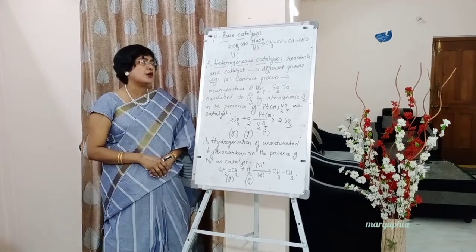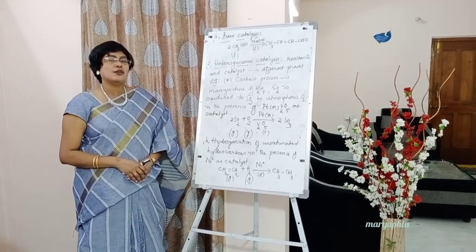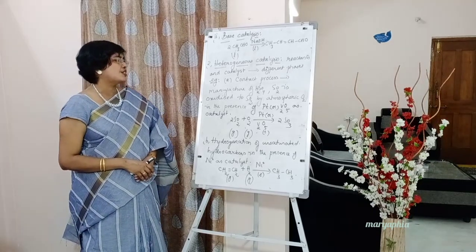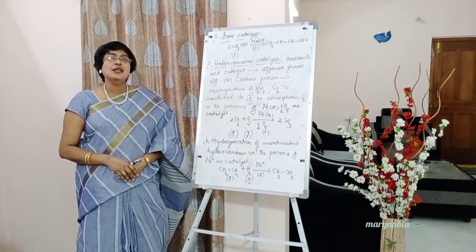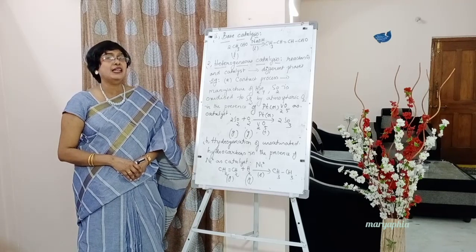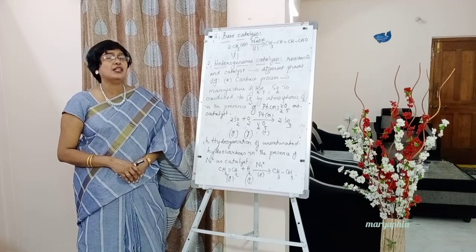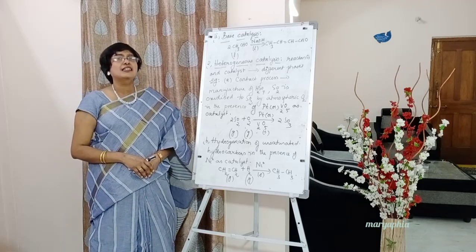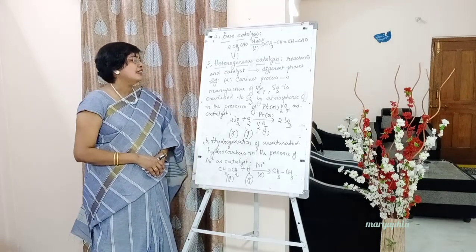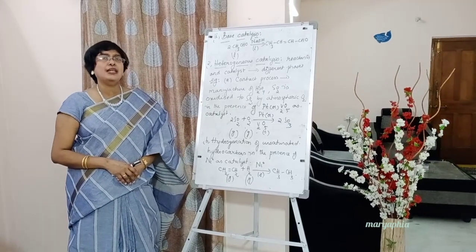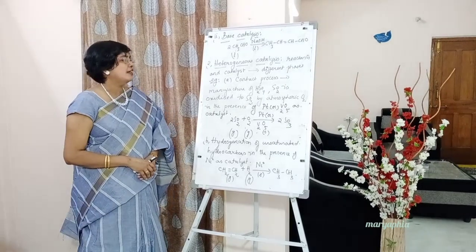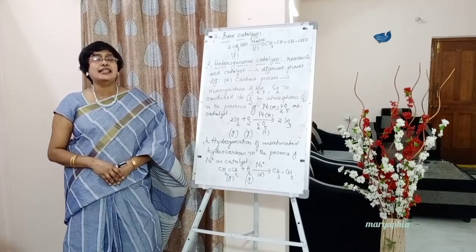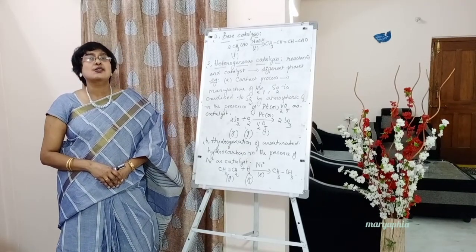So here in this process, SO2 is oxidized to SO3 by atmospheric oxygen in the presence of platinum or vanadium pentoxide. There what is used, students? Nitric oxide. So there all three are in gaseous phase. But here SO2 and oxygen will be in a gaseous phase, whereas platinum or vanadium pentoxide exists in solid phase.